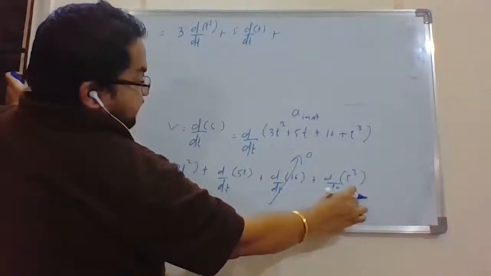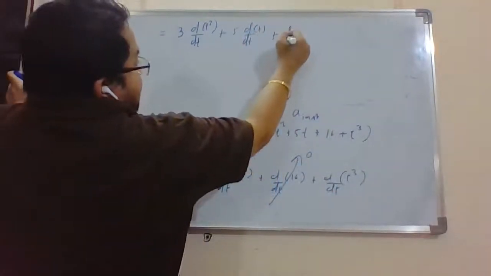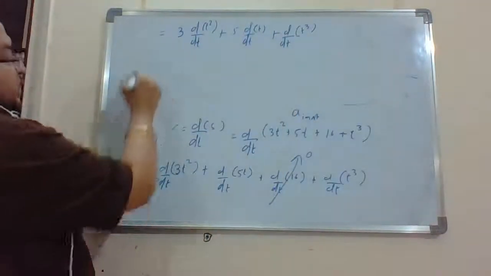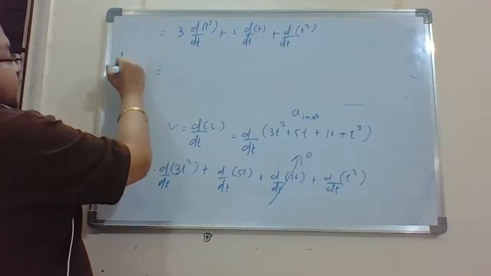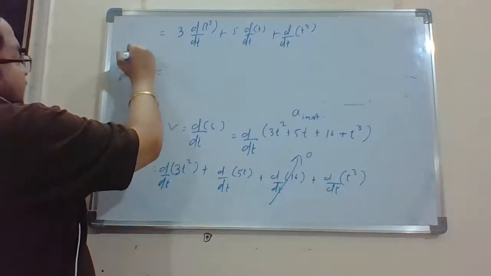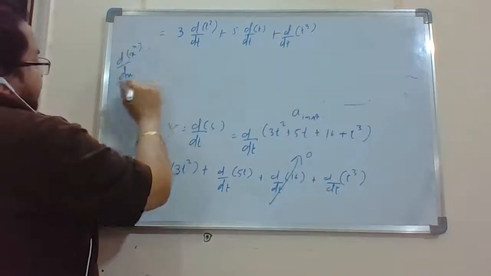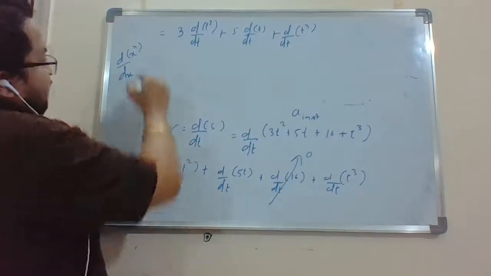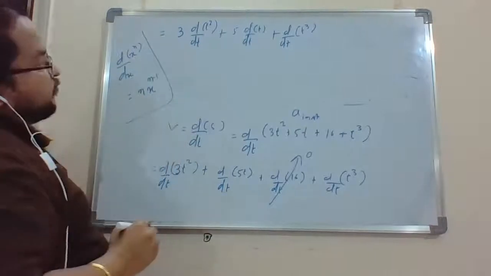Here there is no constant, it's directly d by dt of t cube. Now, using the formula, d by dx of x to the power n equals n x to the power n minus 1, we'll use this formula to find it out.